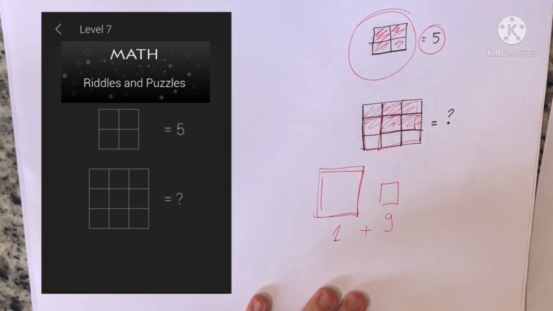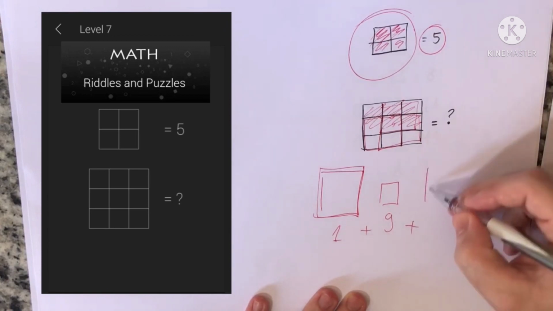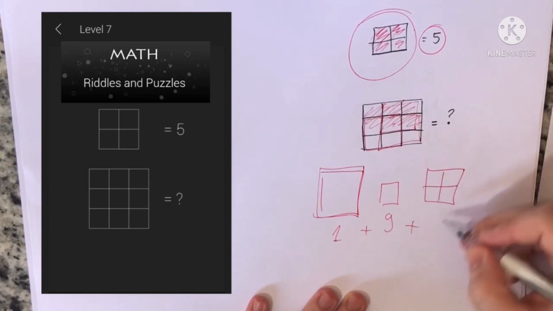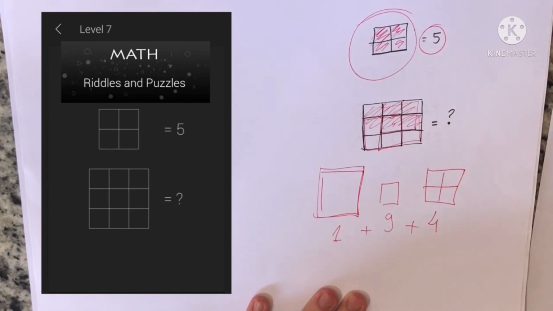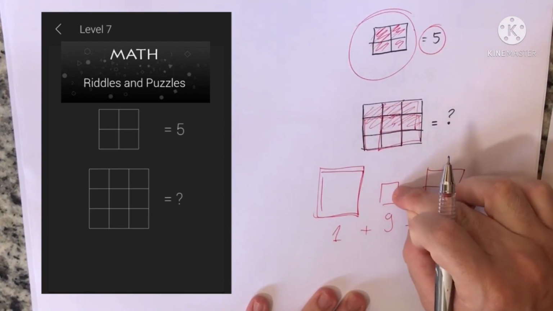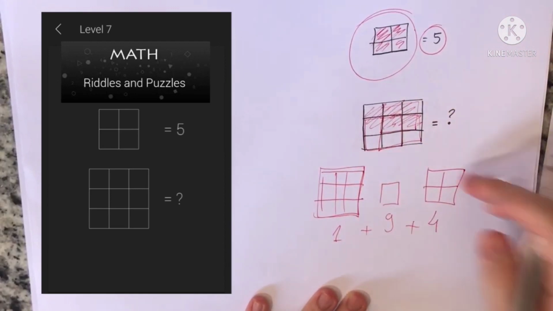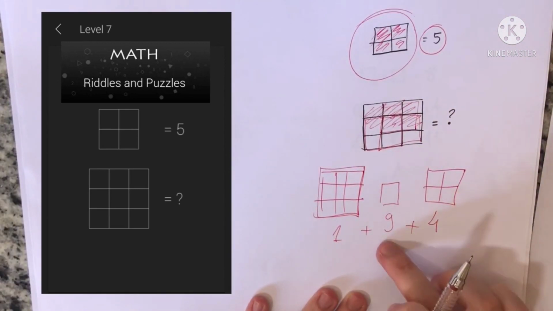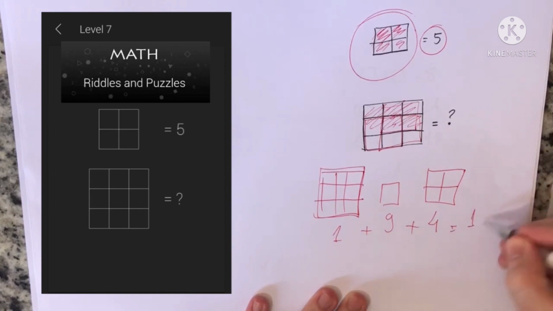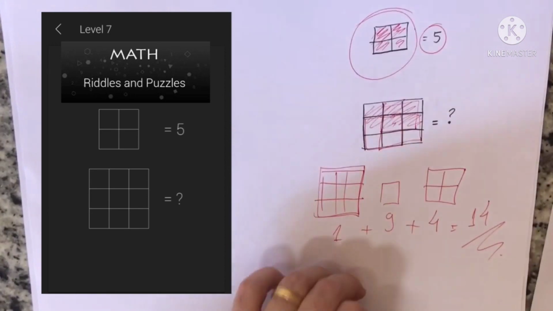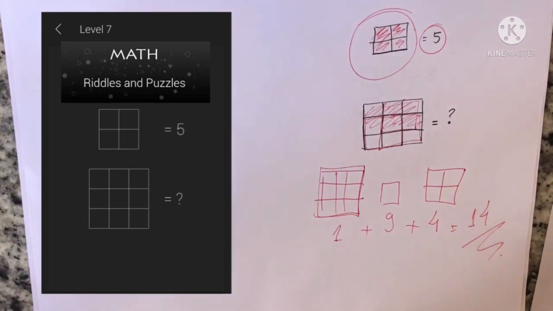So 4 squares joined together. Totally, 1 bigger square plus 9 small squares is 10, 10 plus 4, 14. So totally we have 14 squares.